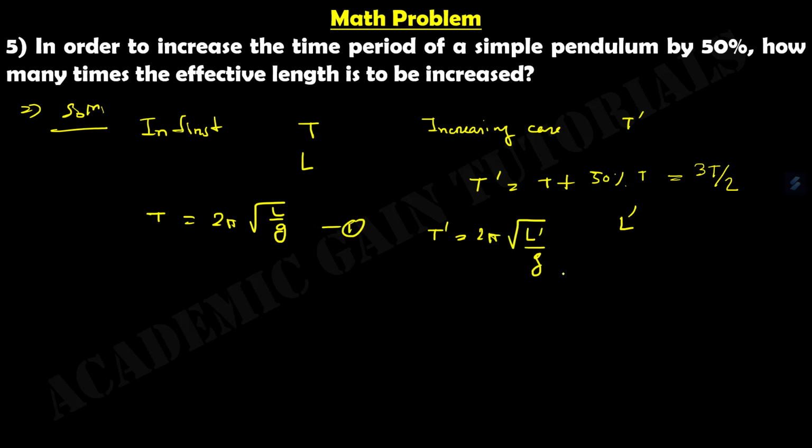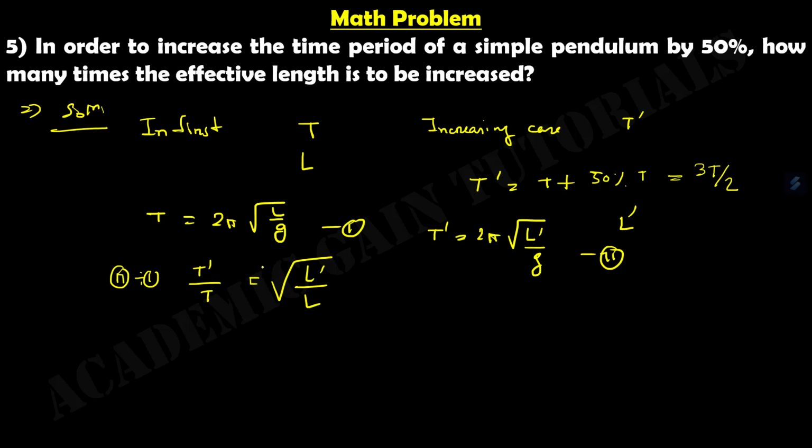This is equation 1 and this is equation 2. If I divide equation 2 by equation 1, then I get T prime by T equals root over L prime by L.